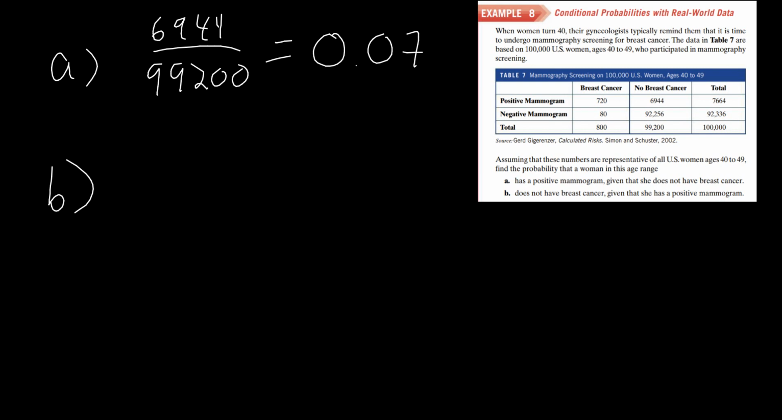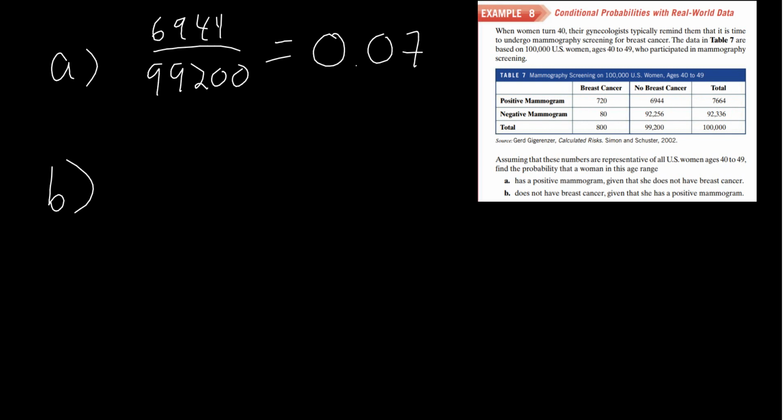Anyways, B was the probability that the woman in this age range does not have breast cancer, given that she has a positive mammogram. Given she had a positive mammogram, we're going to look at this top row. What does not have breast cancer?